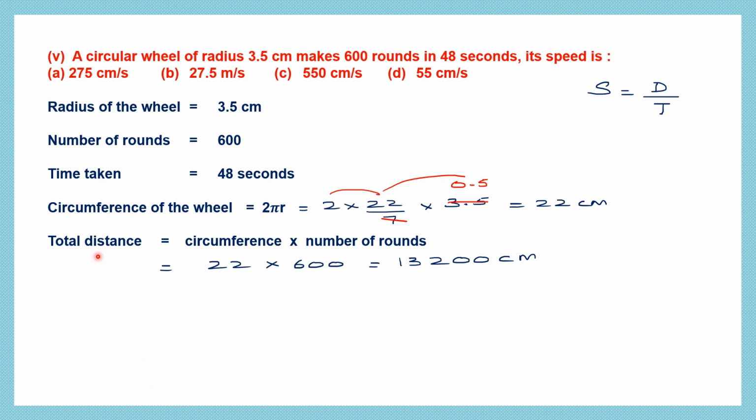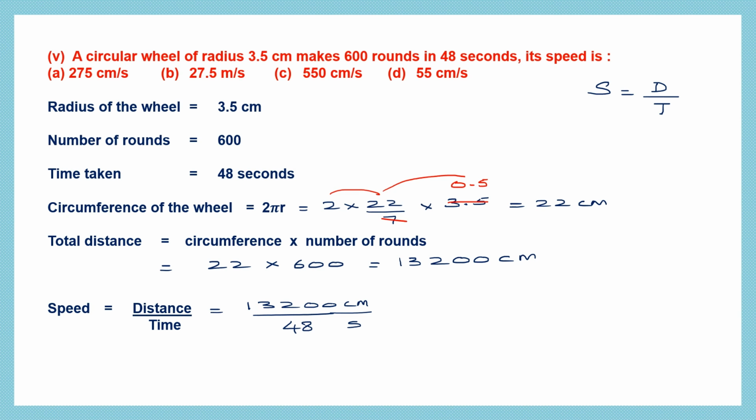Now we have found the distance and we have the time, so we can find the speed. Speed is distance by time. We have the distance, 13,200, and the time is 48 seconds given to us. This is in centimeters and this is in seconds, so we need to write our speed in centimeter per second.